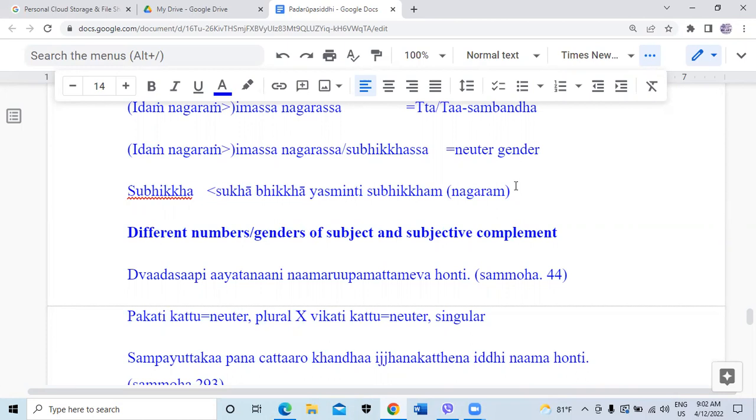Here Subekha also referred to the town, Nakara also referred to the town. That is called Tonari Karana. So this is called same reference. Sukha Bekha Yasmenti, Subekha Nakara. So the town where there is ease.